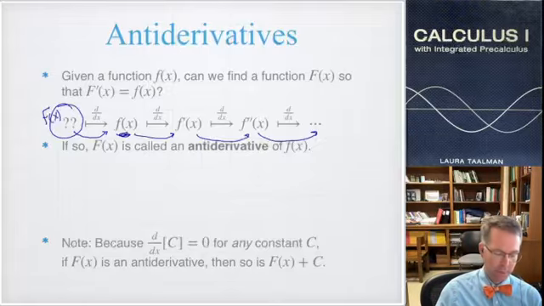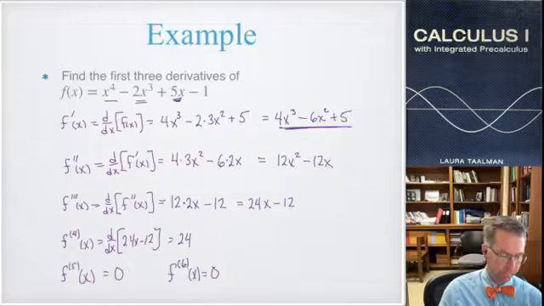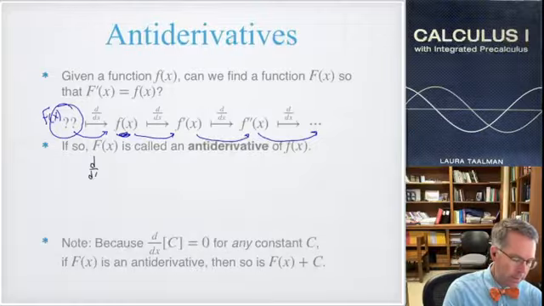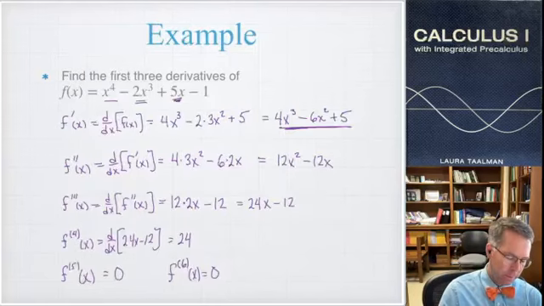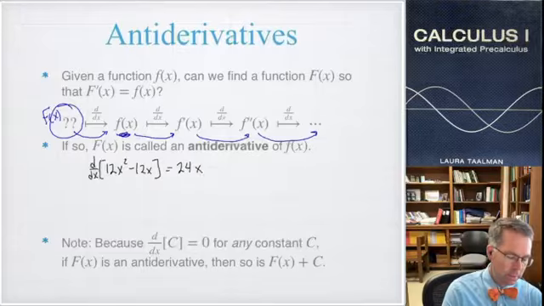So for example, in our previous work, we saw that 24x minus 12, let's use that. We know that d dx of, what was our original function? 12x squared minus 12x. 12x squared minus 12x is 24x minus 12.